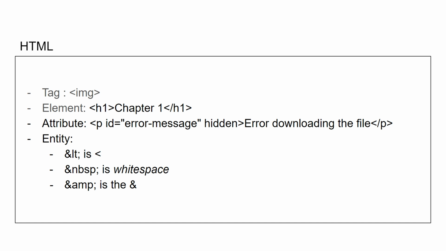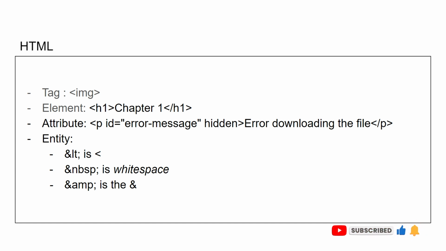Next comes attribute. So attributes are optional characteristics of an element and they are defined using either just the name or name equals value in that format.